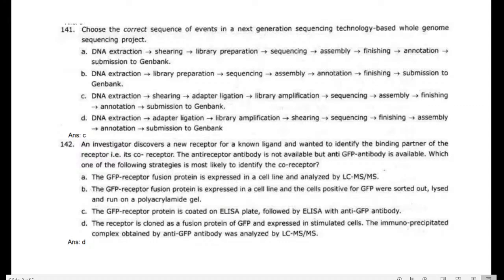There are uneven ends in the digested DNA, so to get a proper equal length, they add adapters. Then library amplification using PCR, then sequencing and assembling, finishing, then annotation, and then submission to GenBank. These are the sequential processes. Nowadays there are many techniques in next generation sequencing.